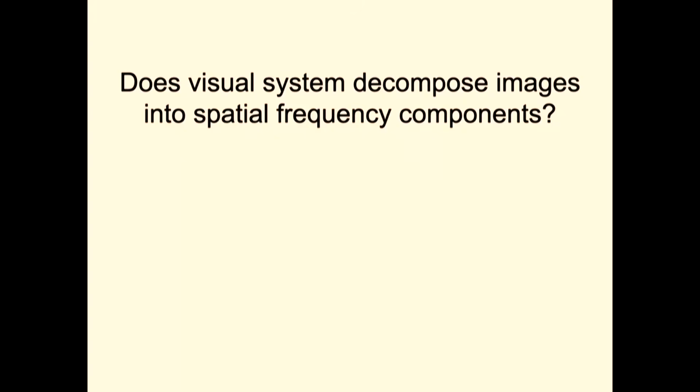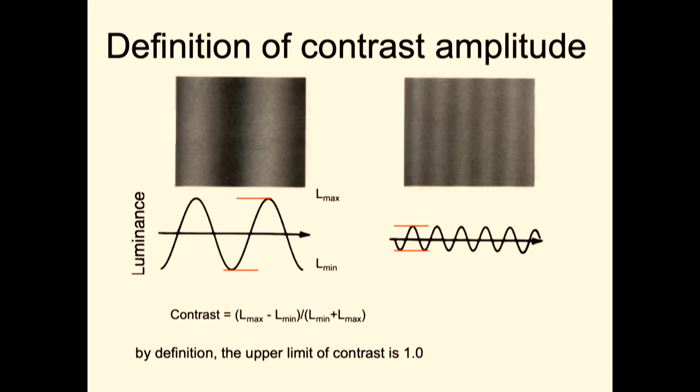So to look at this, we are going to get into the business of measuring contrast detection thresholds. For that, we have to define contrast. Intuitively, contrast is the difference in intensity across some points in space.